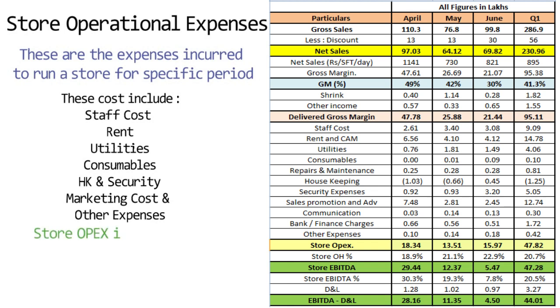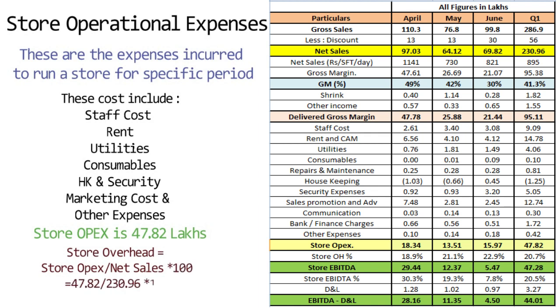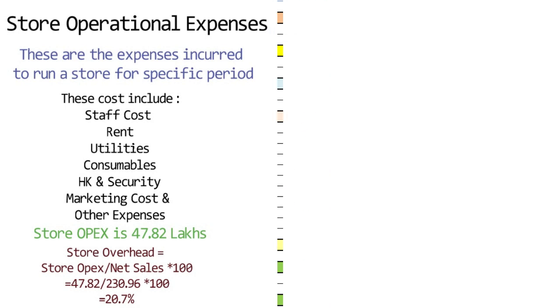Here the store operational cost is 47.82 lakhs, which is obtained by adding all the store operational costs. This is also called as store overhead cost, and here the store overhead percentage is 20.7%. The store overhead is obtained by dividing store operational cost by the net sales, that is 47.82 lakhs divided by 230.96 lakhs, which is 20.7%.